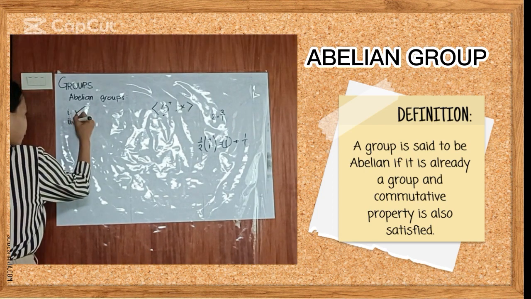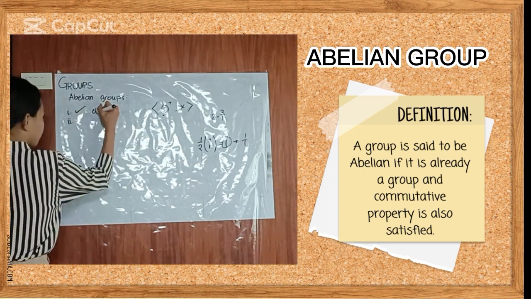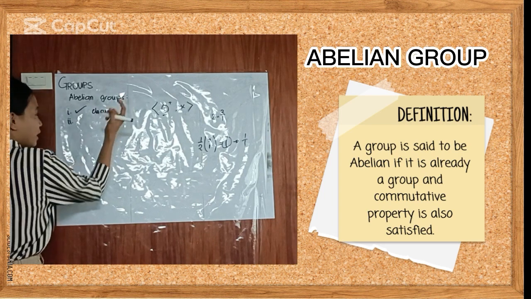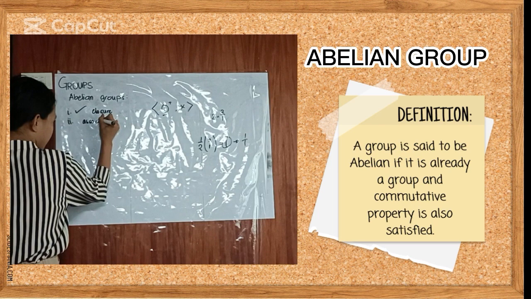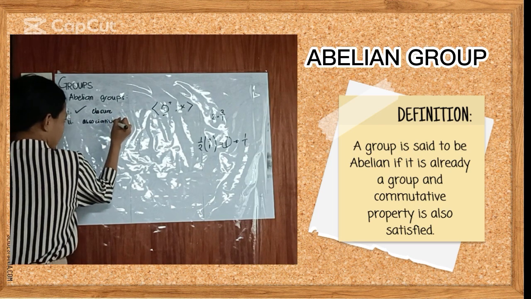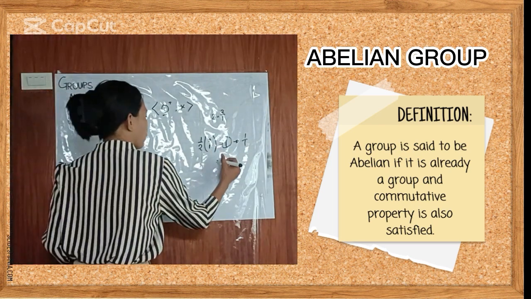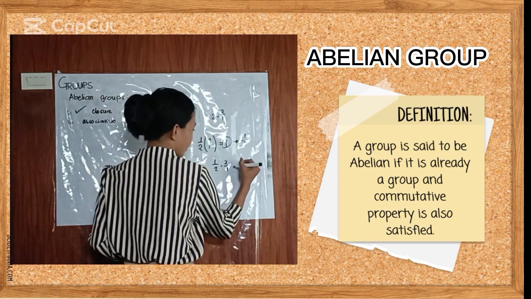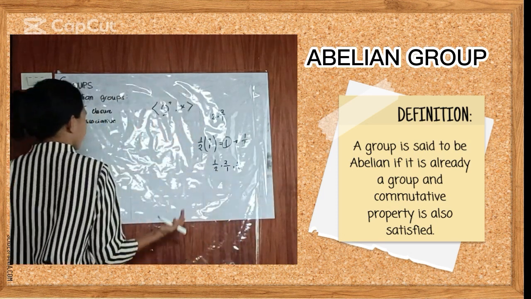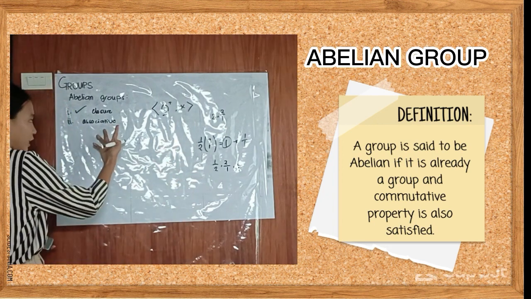Next is associative. So we have 1/2, 2/1, and 1/1. Let's see if it is associative.